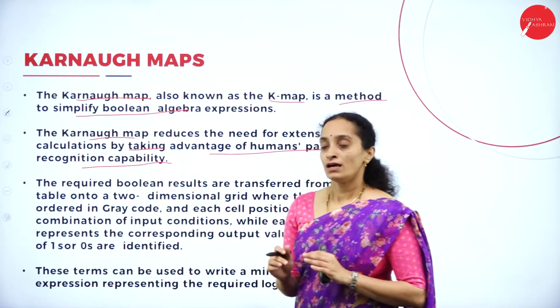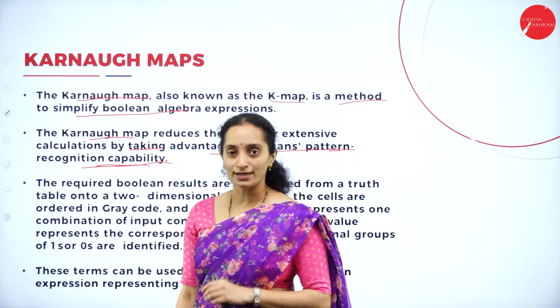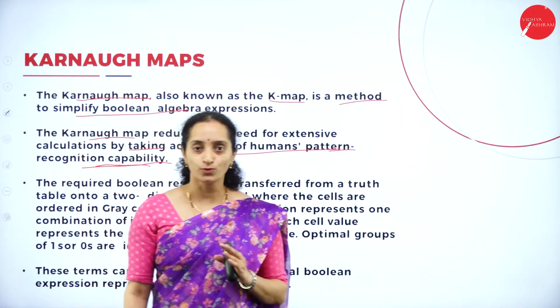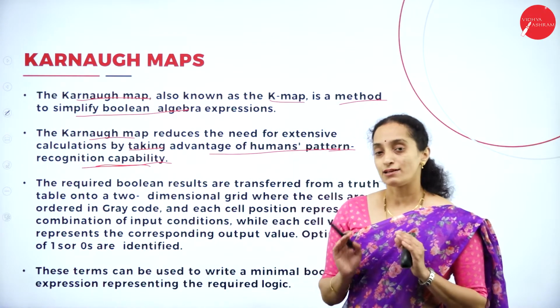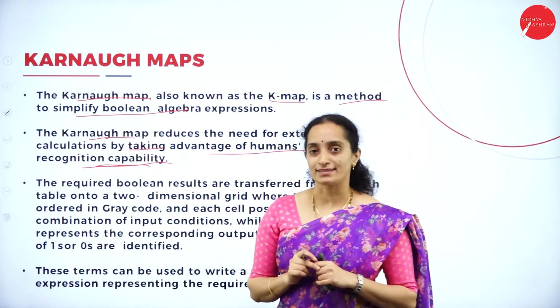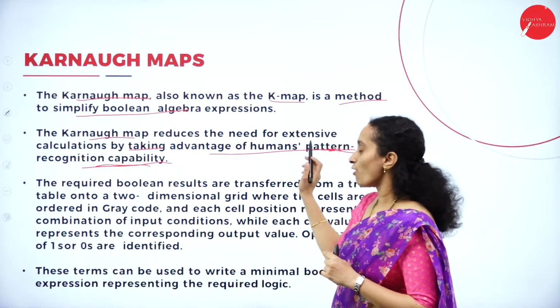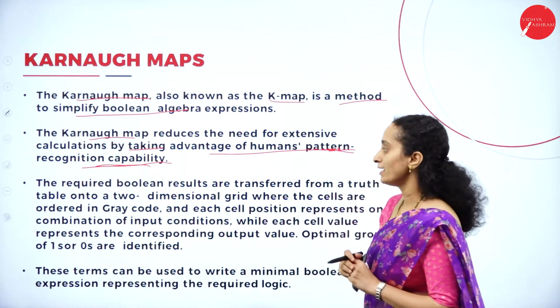Now, from this, you can get to know that the Boolean expression is represented in the form of a map or a pattern. As we said, in the form of a pattern, you can represent the Boolean expression.